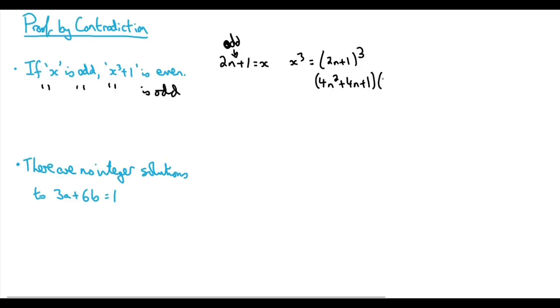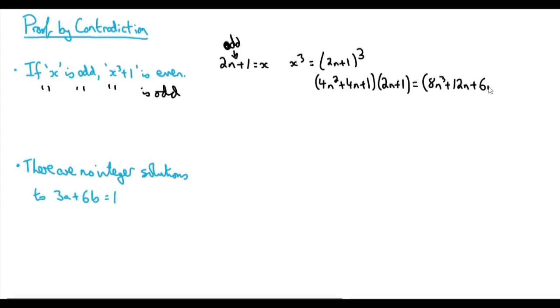So this then gets times by another 2n plus 1 to give 8n cubed plus 12n squared plus 6n plus 1. Now don't forget that once we have this x cubed, we need to add 1 to it. So we in essence have 8n cubed plus 12n squared plus 6n plus 2, because 1 plus 1 is 2.